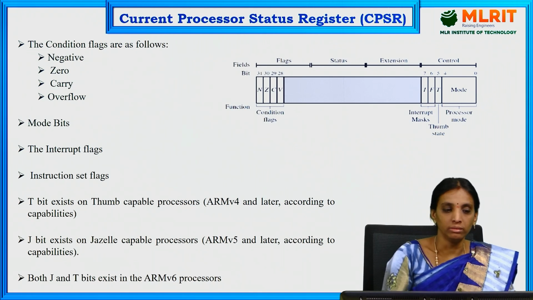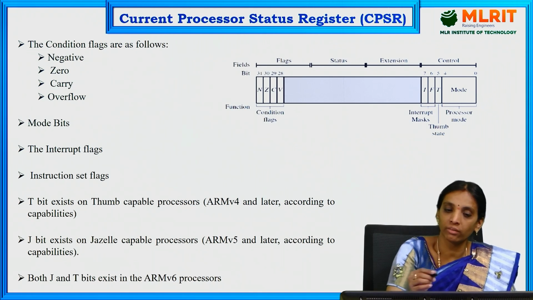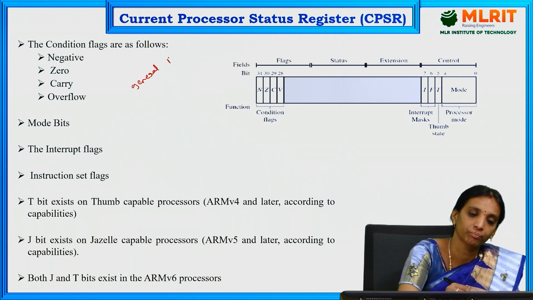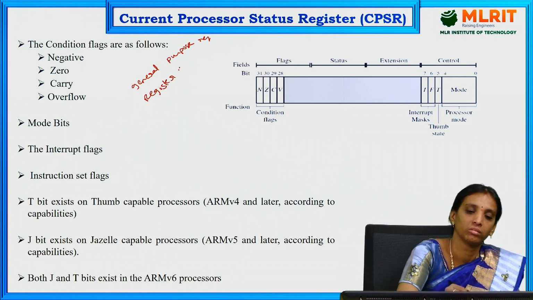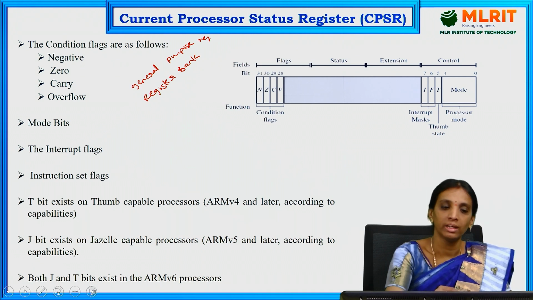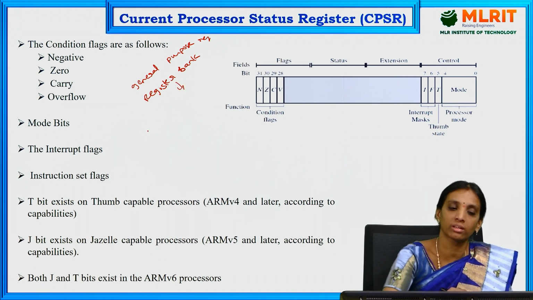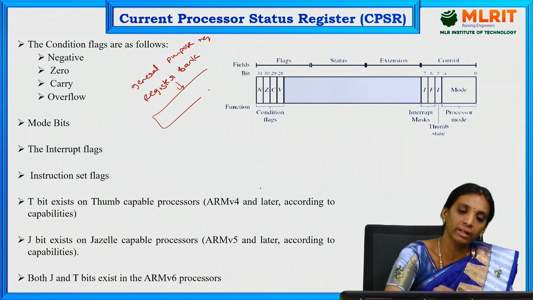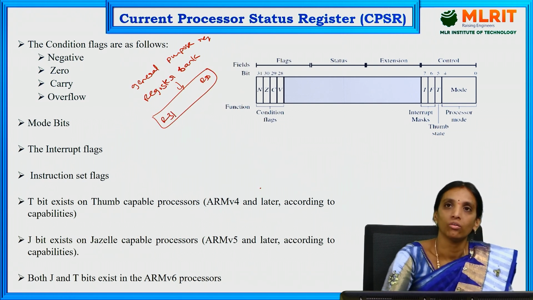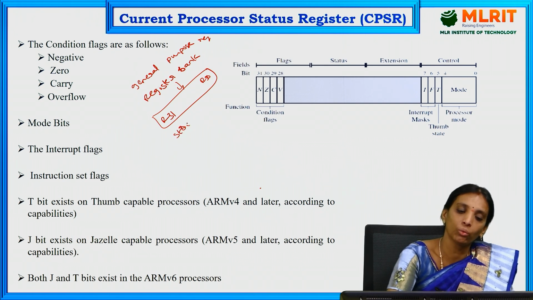Next, in ARM processors there are many registers, called general purpose registers, which form the register bank, the same as in other processors. The register bank has 32 registers, which are used for storing any data or address.